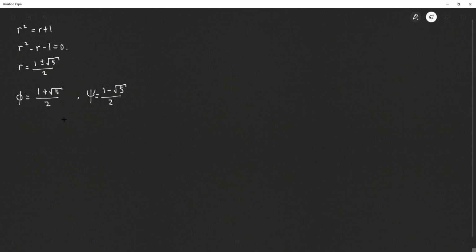Now, since the recurrence is linear and has two distinct roots, the general solution is going to be fn is equal to a phi to the n plus b psi to the n.